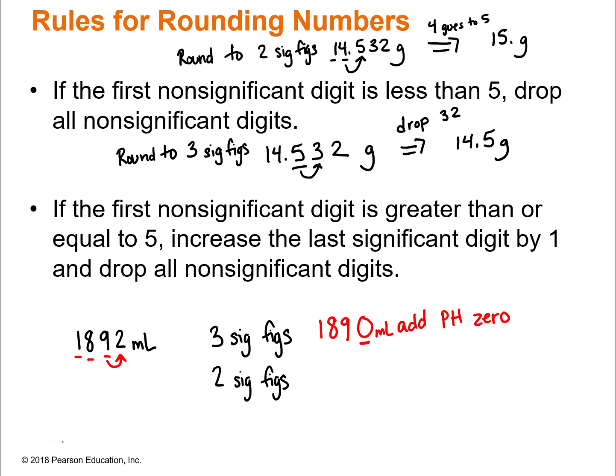Now let's do the second example. We need to do 2 sig figs here. 2 sig figs would be the 1 and the 8. I'm going to be looking at the digit next to the 8, which is a 9. It's bigger than 5. So that means that 8 is going to become a 9.